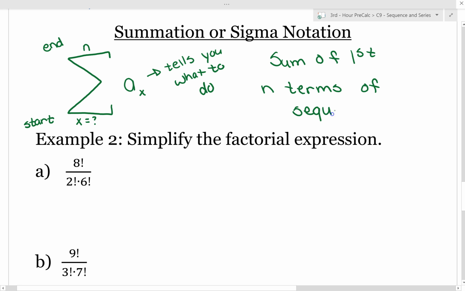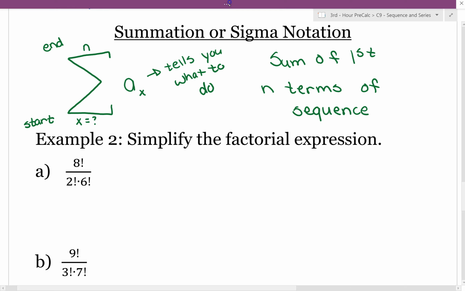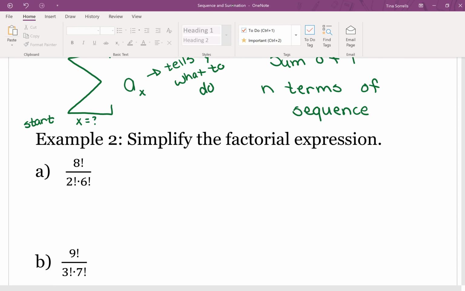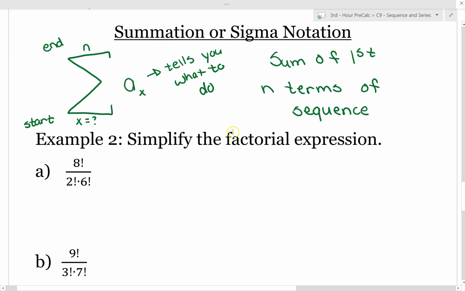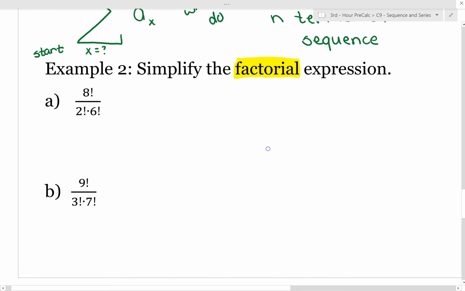Now, before I jump to these examples, there's some things that I need to make sure you understand. The first one is what factorial means. Factorial just means that I take a number, for instance, like 4 factorial, and we go 4 times 3 times 2 times 1. That's all you have to do.